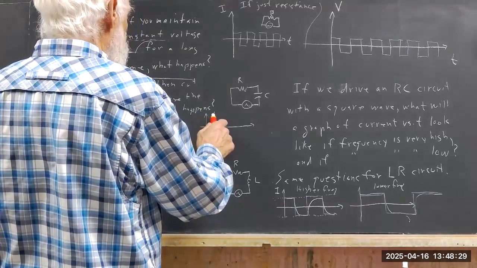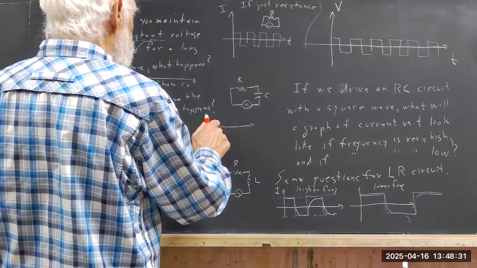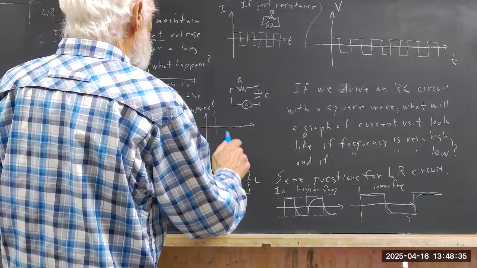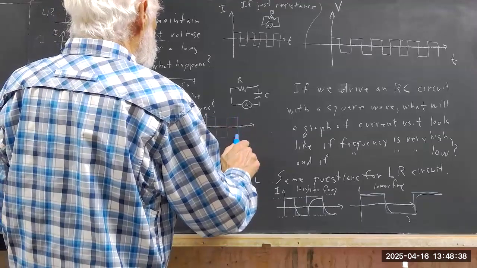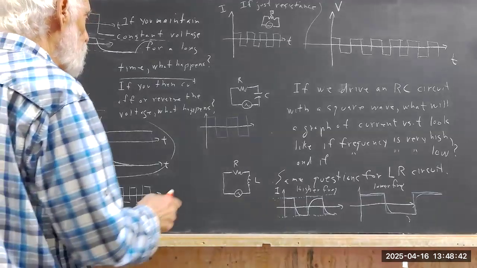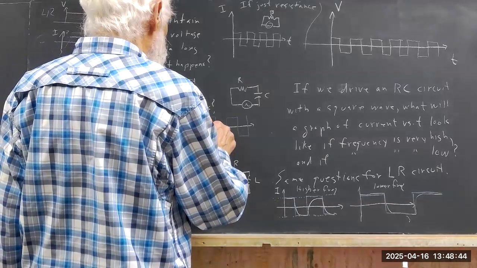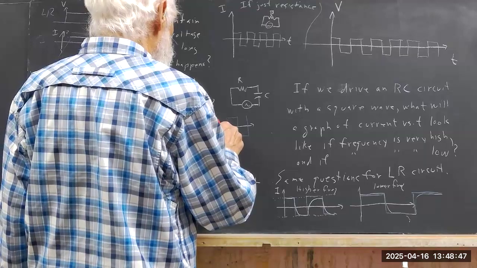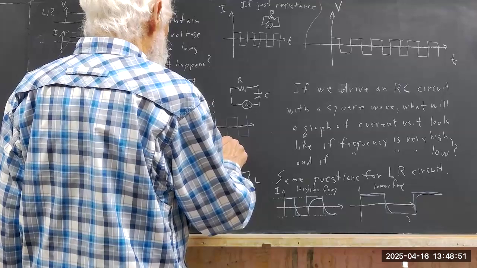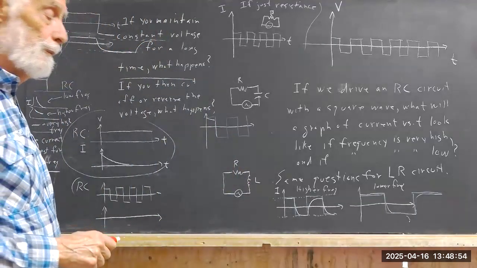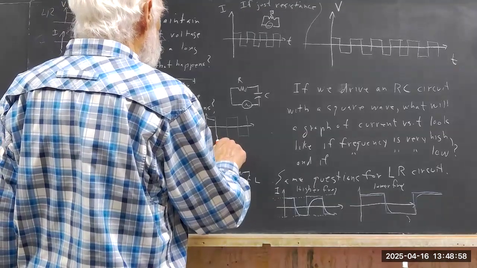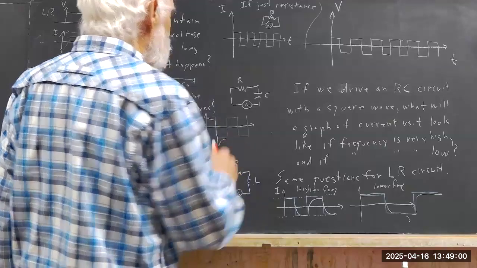So if you've got a high frequency, if this is what you would get if the capacitor was absent, the capacitor doesn't have much time to decrease. Actually, the current kind of spikes down here and then comes back like this.